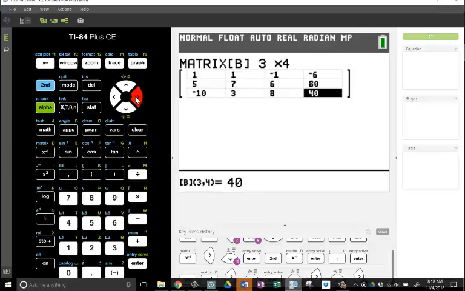Should have given you a normal number. Do we all have that in? 1, 1, negative 1, negative 6, 5, 7, 6, 80, negative 10, 3, 8, 40.